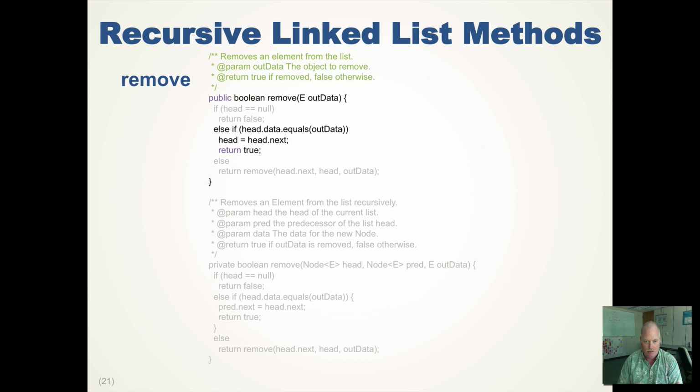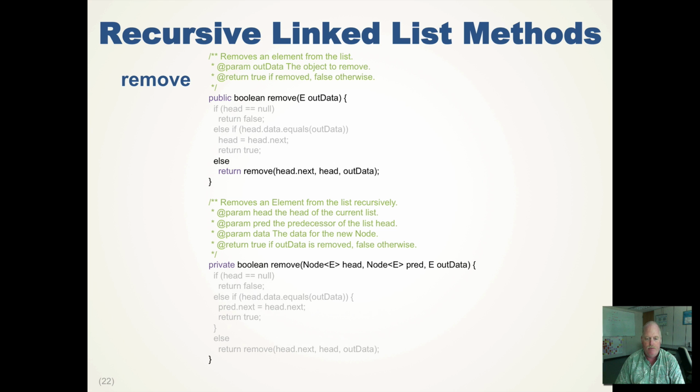We removed the data from the head. Else, we call our recursive method, and because it's a singly linked list, we have to keep track of not only where we are in the list, but the predecessor to where we are in the list, so that we can move the predecessor's next over to our next to pull our data out of the list.